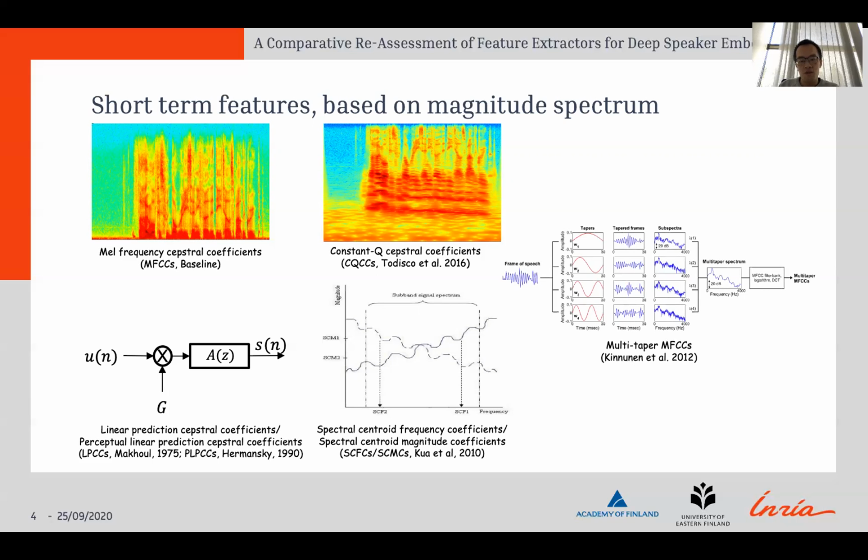Finally, we have multitaper MFCCs, where instead of one-shot window plus DFT spectrum estimation, we have multiple windows, or so-called tapers here, producing subspectra and taking a weighted sum of them to get the spectrum. Both taper functions and weights are static and computed using specific statistical techniques. For detailed information, please refer to the relevant work shown in the reference list.